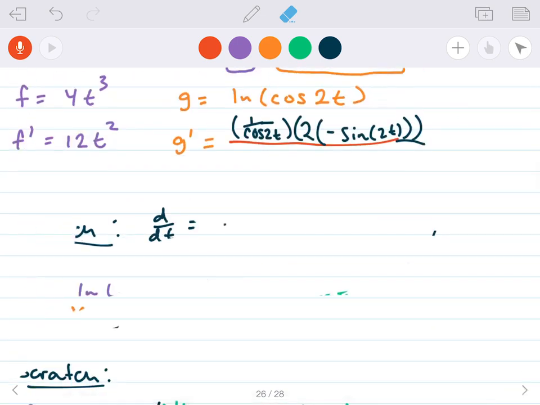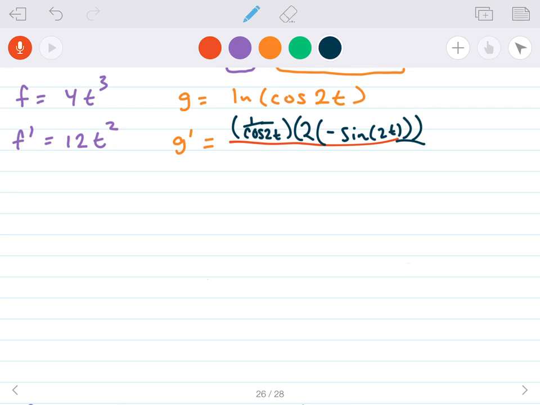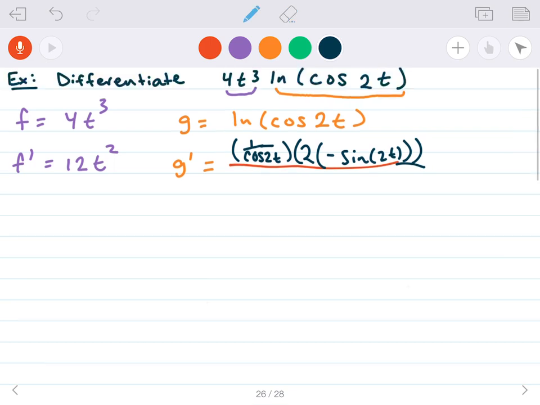Go over here. Okay. All right, product rule. Keep the first times the derivative of the second, which we just found. It's all this mess.